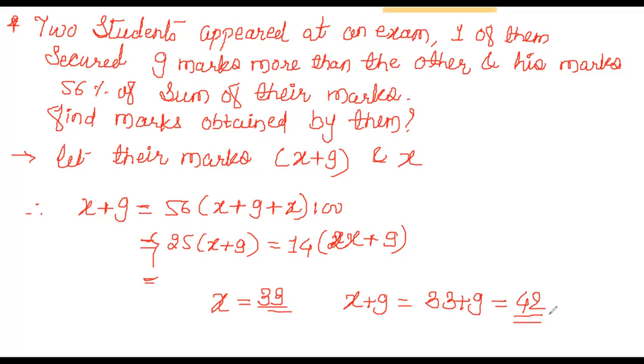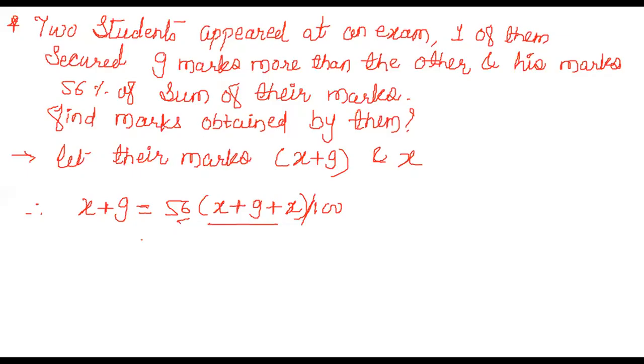Ma'am, how did the 25 in bracket x plus 9 come? After solving, look here, x plus 9 is equal to, just a minute, 56% of the sum of their marks. So here we took the addition of both. So x plus 9 plus x, its percentage means divided by 100 is needed here.